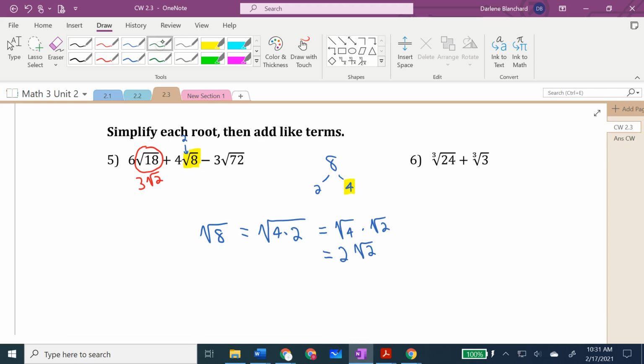And then I have a leftover 2. Actually, let me. So I just want to point out the 2 that stays under the root. And that's different from the square root of 4, giving me the number 2 right here. So the square root of 8 is the same thing as 2 root 2. And I'm going to write that down.